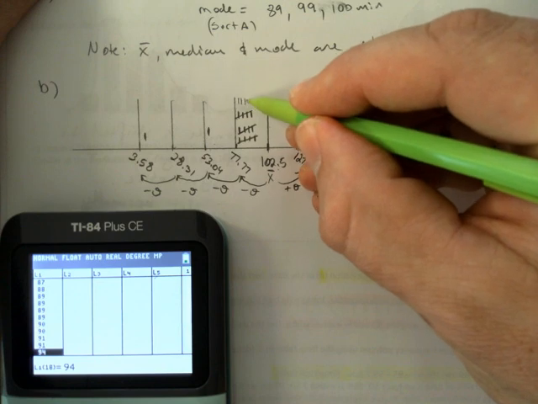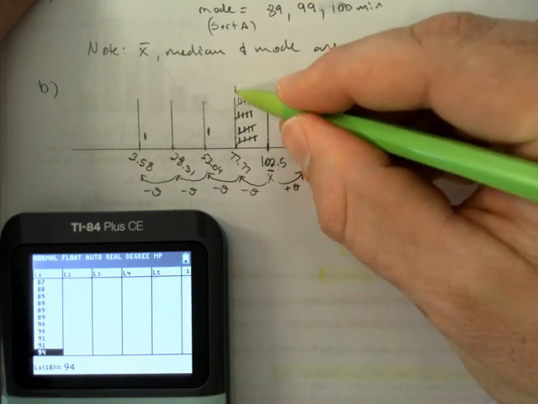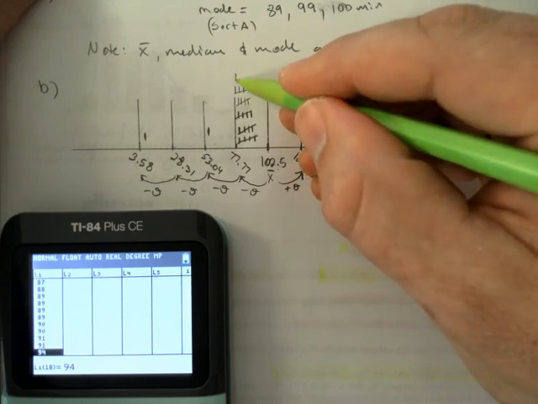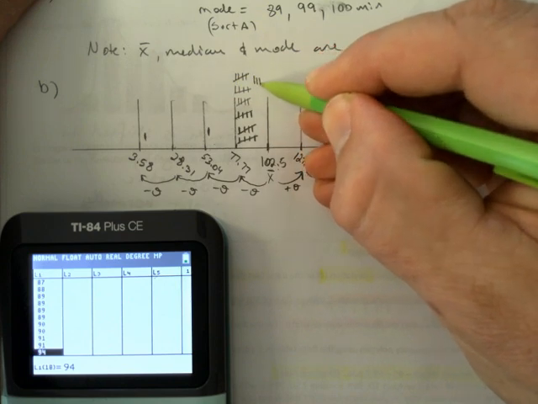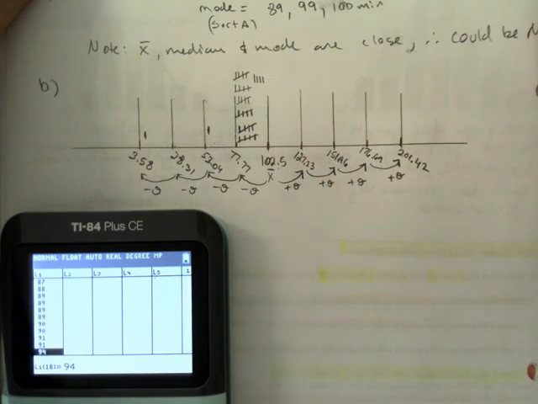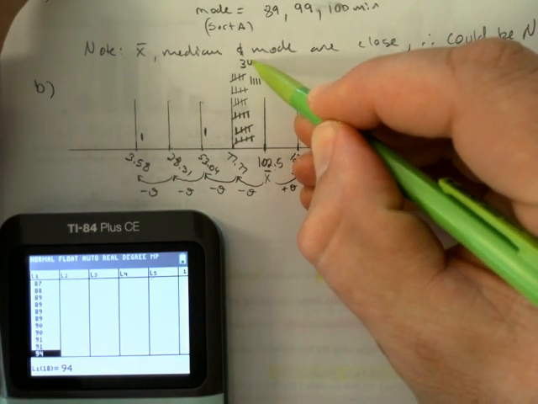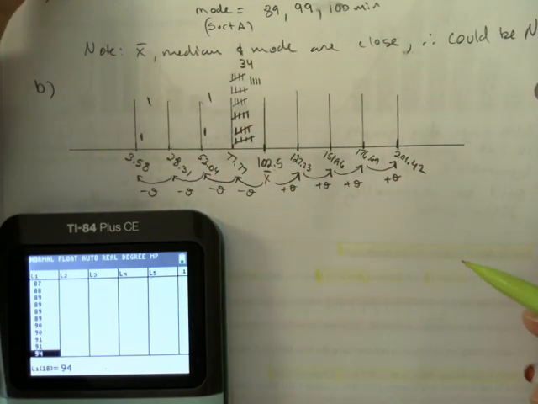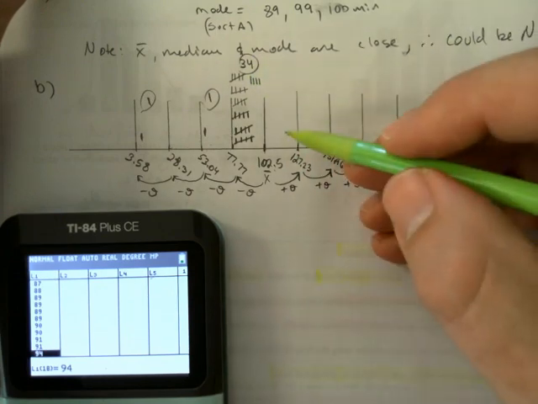There's 34 values in there. So this is 10, 20, 25, 30, and another 4. So there's 34 values in there. Actually write down the number up top. So 1 in here is 1 in there. Okay, so 1, 1, 34.